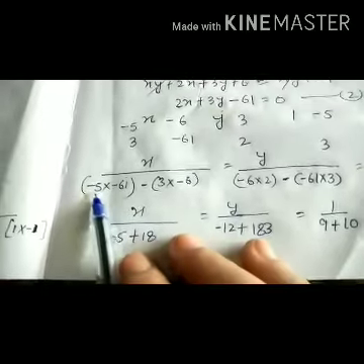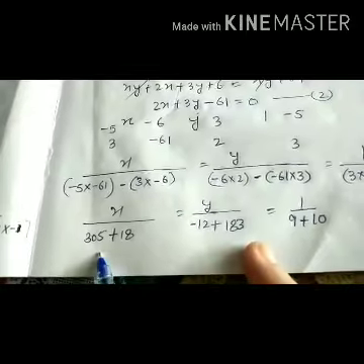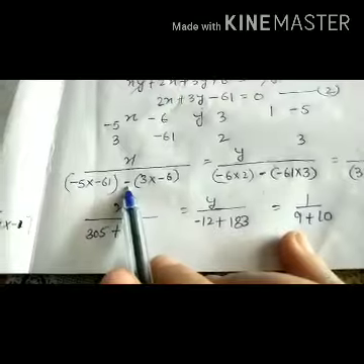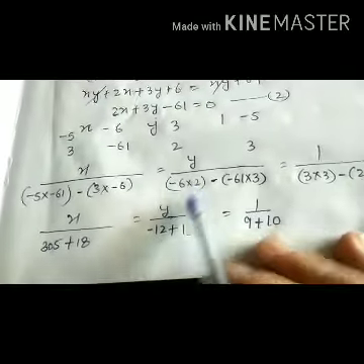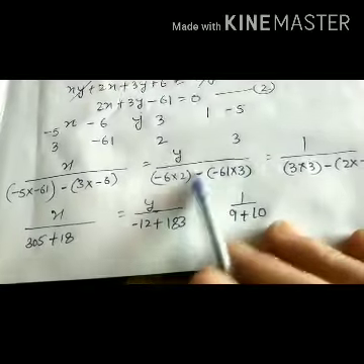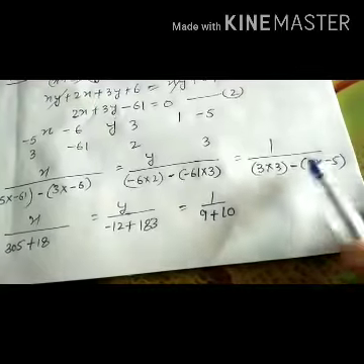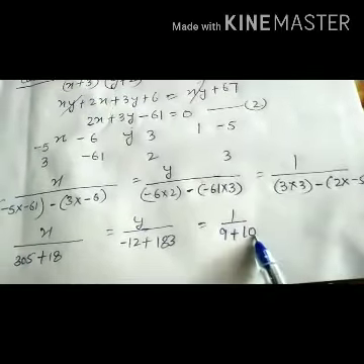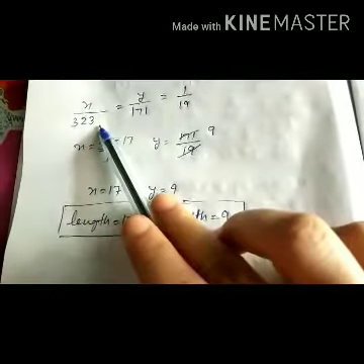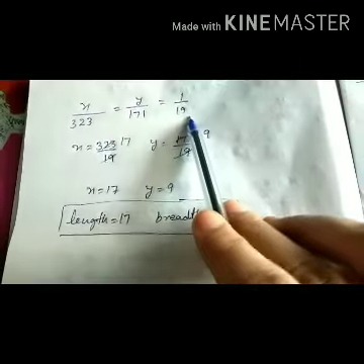Here we have minus times minus, and 5 into 61 is equal to 305, minus 6 times 3 is 18, and minus 18, and minus here plus 18. 6 times 2 is 12, minus 12, 61 times 3 is 183, and minus plus. 3 times 3 is 9, 5 times 2 is 10 and minus 10, and this is minus also. So this is plus 10. x upon 323 is equal to y upon 171 is equal to 1 upon 19.